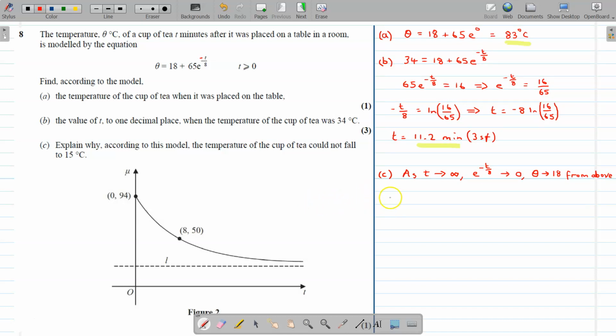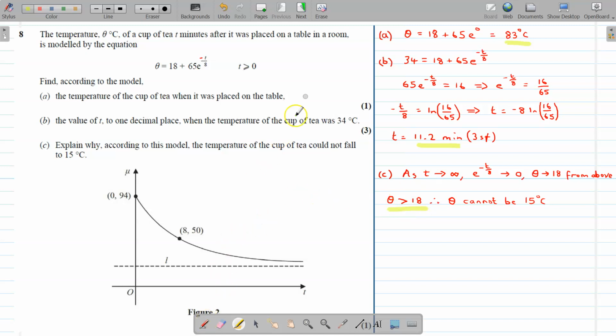So what we can conclude is that theta is greater than 18, therefore theta cannot be 15, or some conclusion similar to that. And that answers part C.